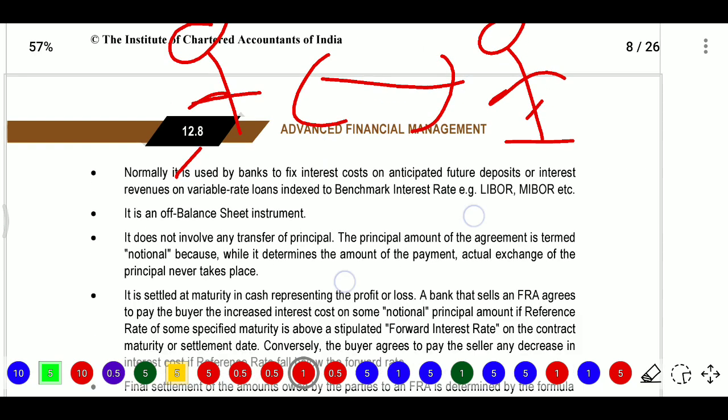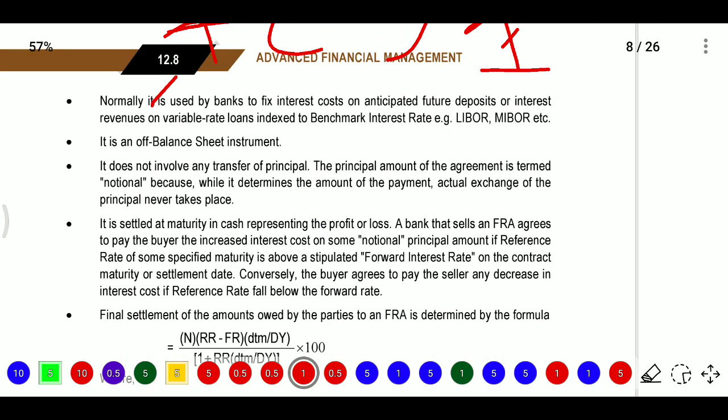So what are the features of FRA? Normally it is used by banks to fix interest cost on anticipated future deposits or interest revenues on variable rate loans indexed to benchmark interest rates. Benchmark rates means LIBOR or MIBOR etc.